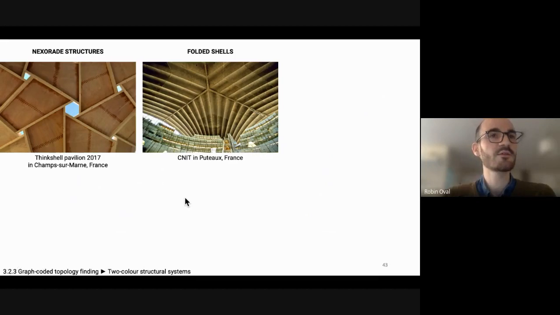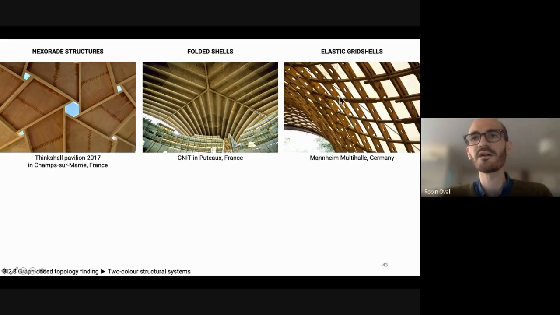It applies to nexorade structures, for instance, where you have this alternation between nodes that rotate towards the left, then towards the right. Or elastic grid shells, where you want to define a direction of beams that will be at the bottom and some that will be at the top, in order to avoid this weaving of the beams and get the necessary bending.